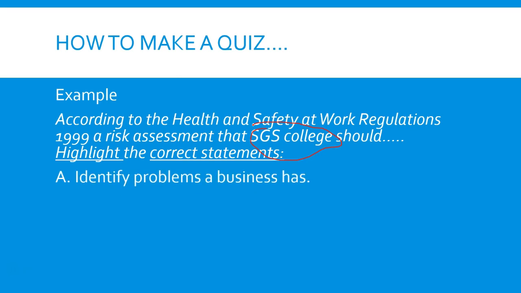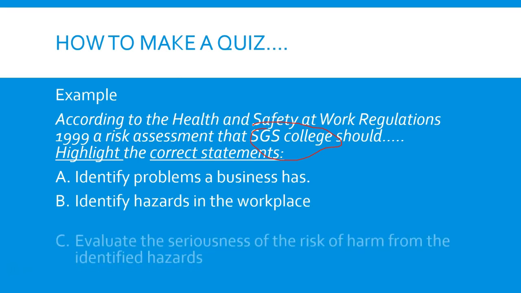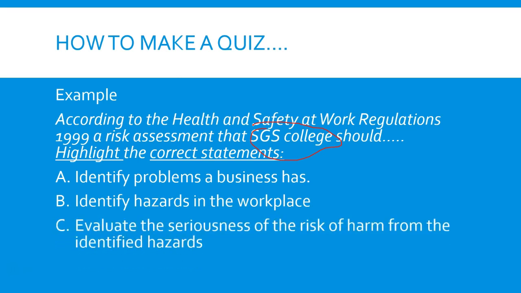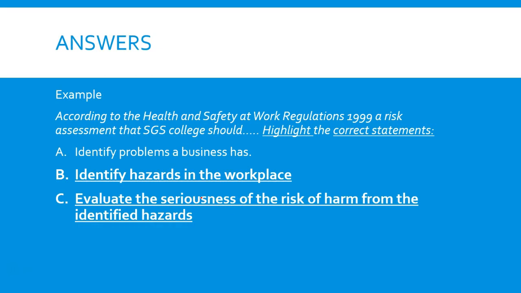A problem that business has: identify the hazards in the workplace, evaluate the seriousness. So you have to highlight the correct statements. This will be your question paper. So this is an example of a question that you would give out to someone. The answer paper, as I've made it here, is I've highlighted the two answers which are correct, B and C. Okay, that is an example of how you do it.